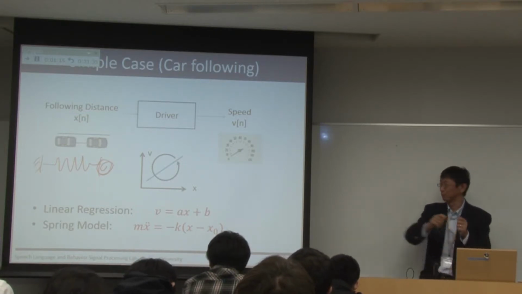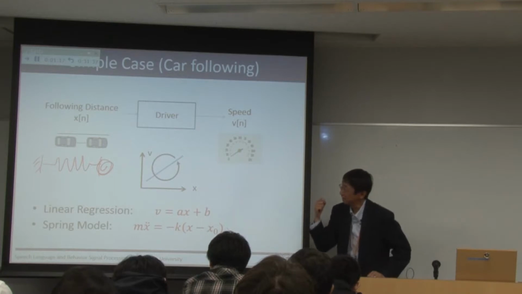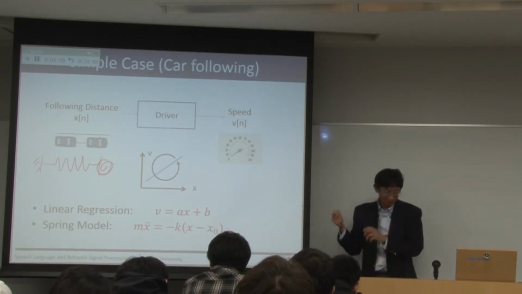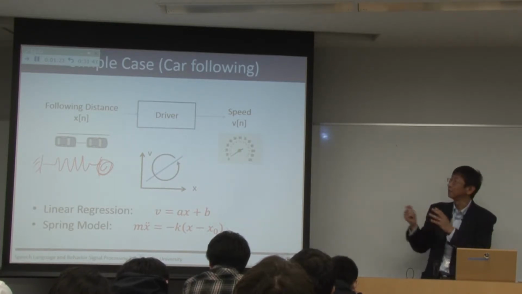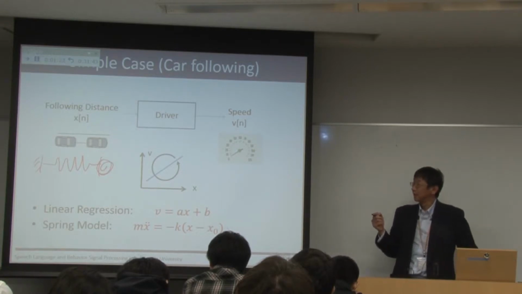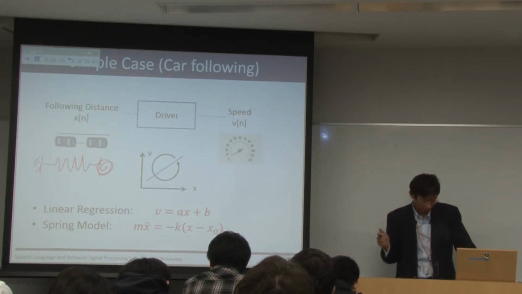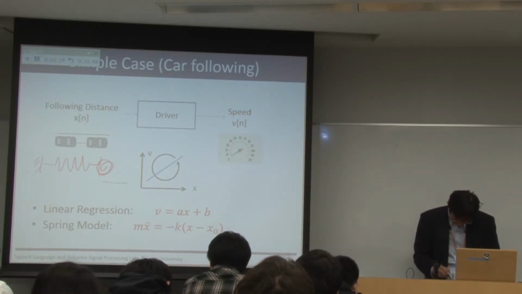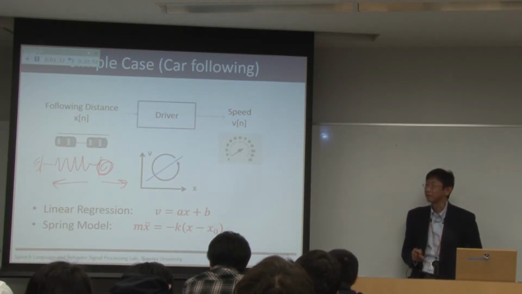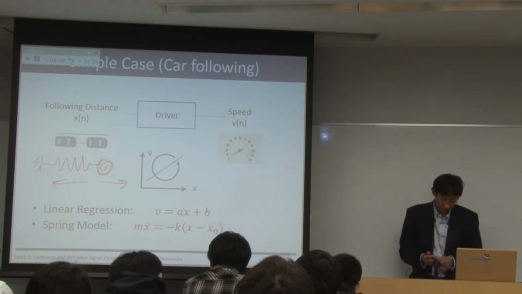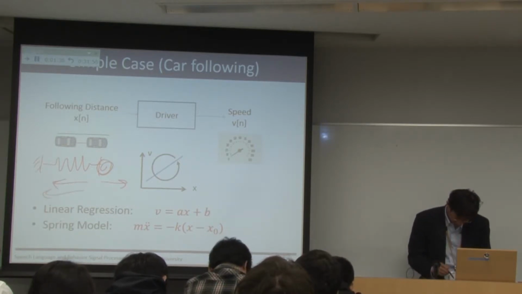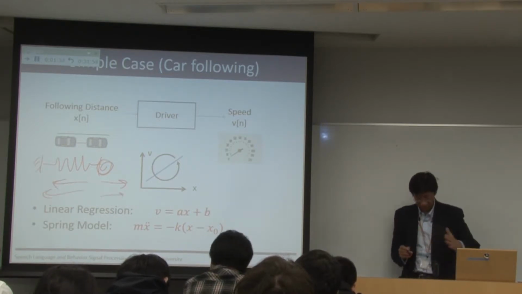So if you pull the mass, then a force will be induced against the pulling force. So if you pull, the spring pulls back in the opposite direction. And if you push this, it pushes back like this.